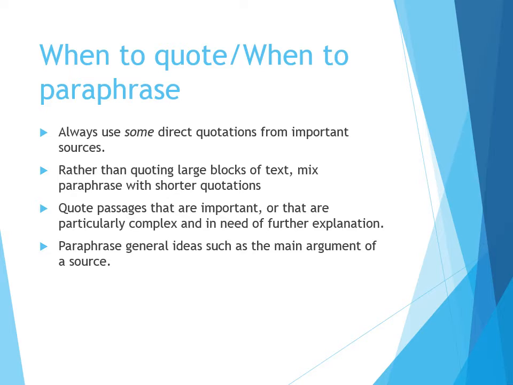So when there are those important phrases, quote them directly. When you just want to communicate the general idea, the main argument that your source is presenting, you can often do that effectively through paraphrase.